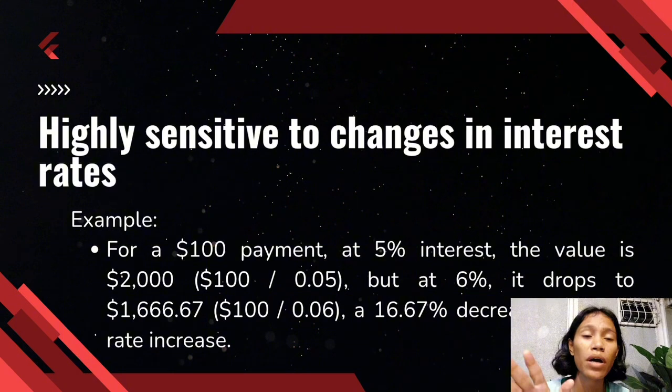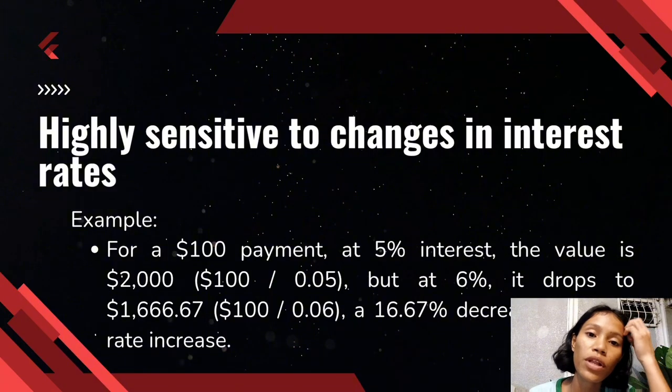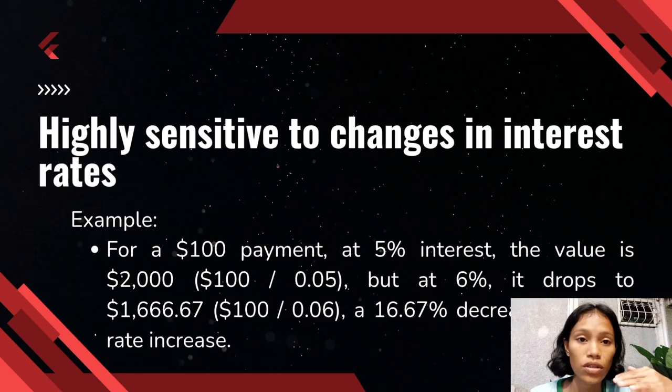Since, di ba, i-divide lang na siya. So, even if gamay lang yung change, dako na dayon ang effect sa value, since ang formula is mag-divide lang jud. So, kung ma-change ang rate, dako pud ang changes sa value.